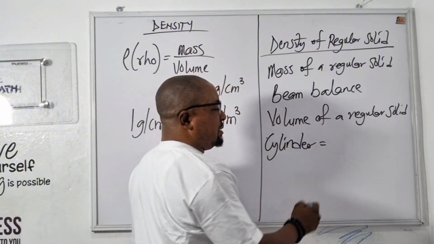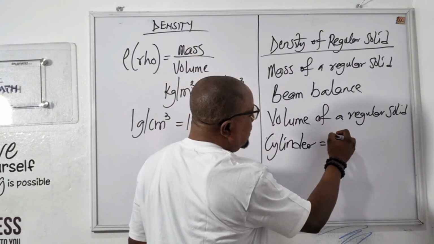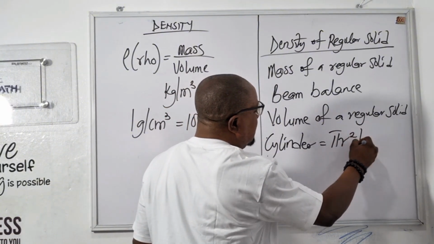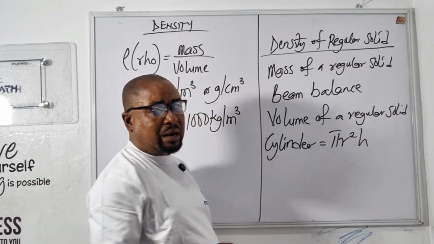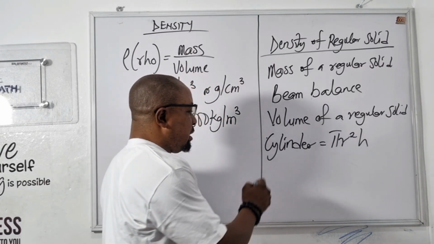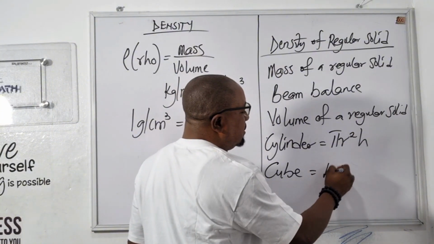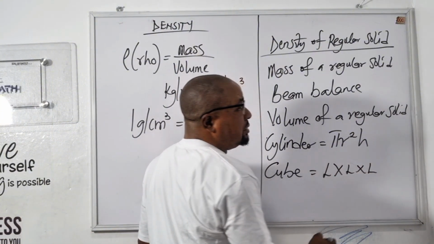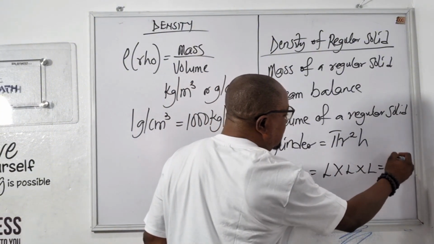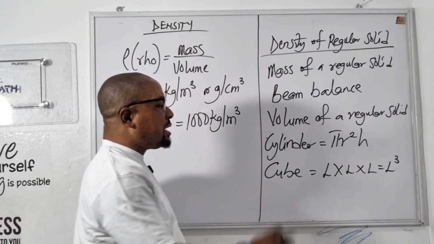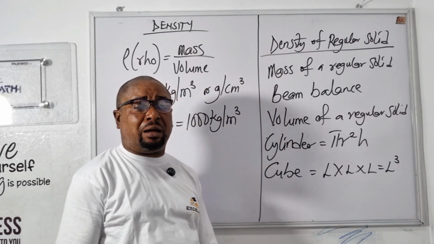The volume of a cylinder is pi r square h. If you talk about a cube, what will be the volume? That's L times L times L. All the sides are equal, which is equal to L cube. So this is how we get the volume of a regular solid.